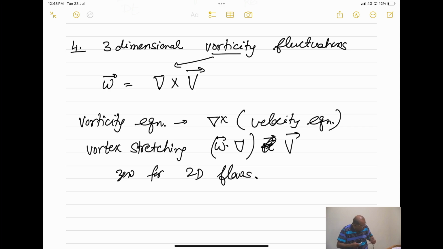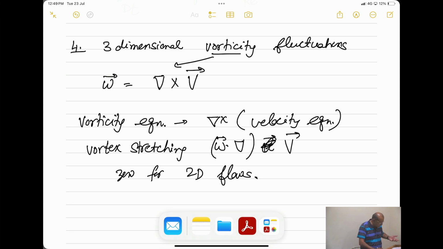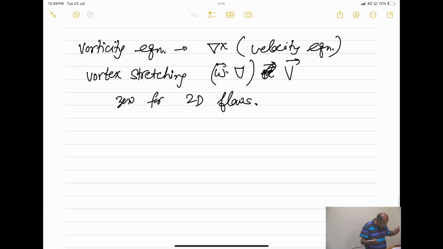So all turbulent flows will have three-dimensional vorticity fluctuations. So flows have to be three-dimensional. The velocity will have all three components, vorticity will have all three components. And that is one of the features of the turbulent flows.